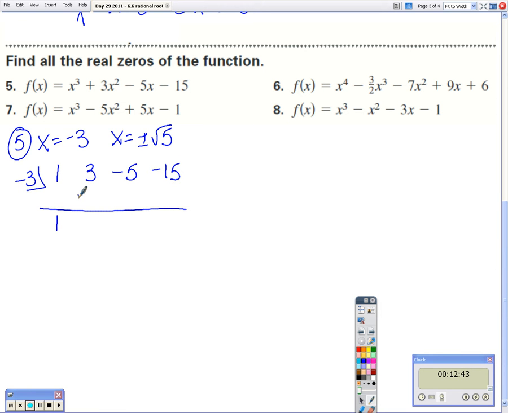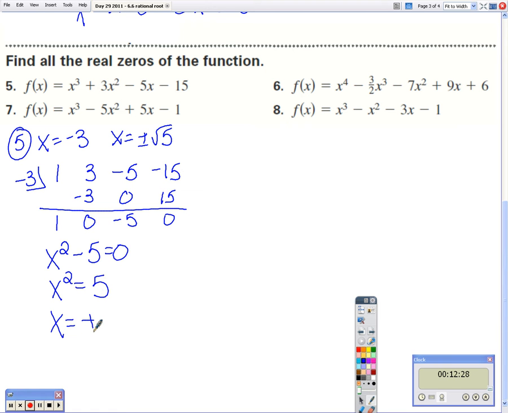Hopefully, again, it didn't take you too much trial and error to get to the first one. And then I'm left with x squared minus 5 equals 0. So to solve this, I'm going to move the 5 to the other side, and when I square root both sides, I get my plus or minus root 5.